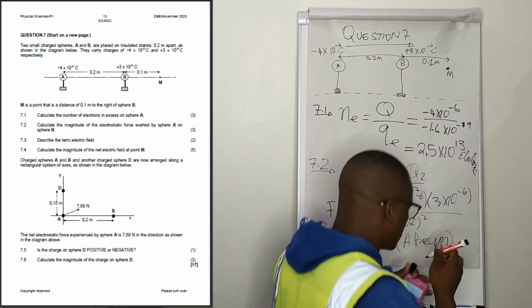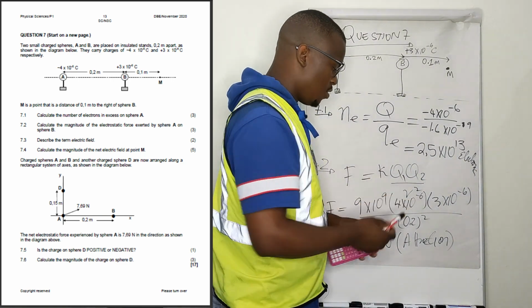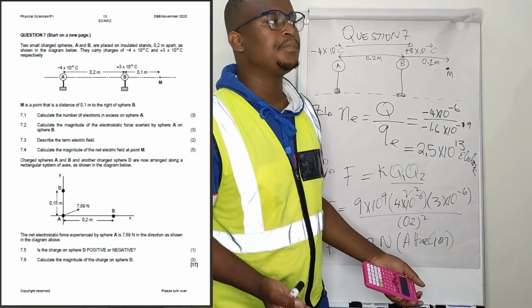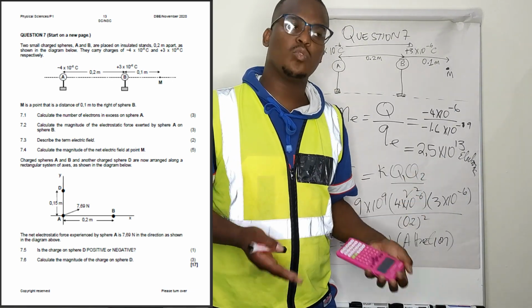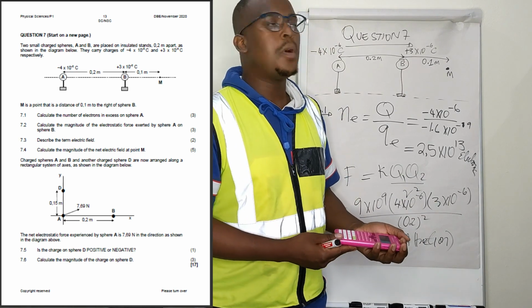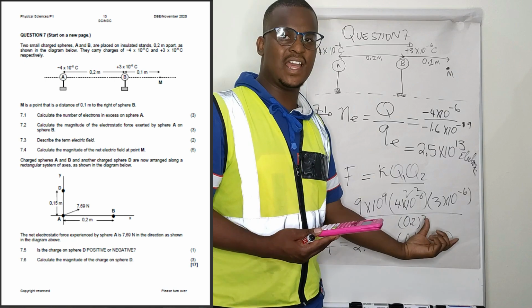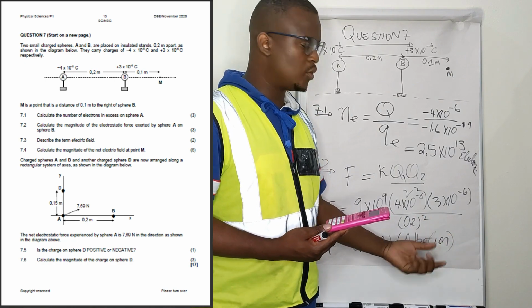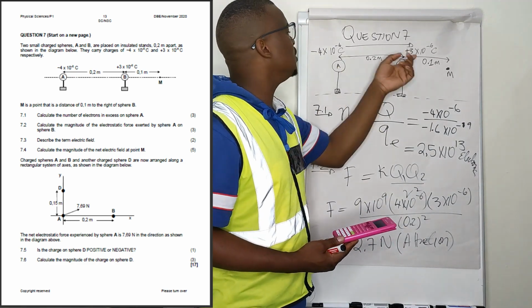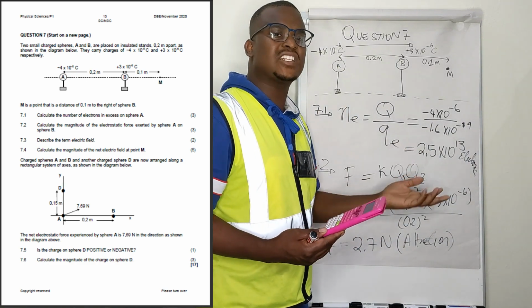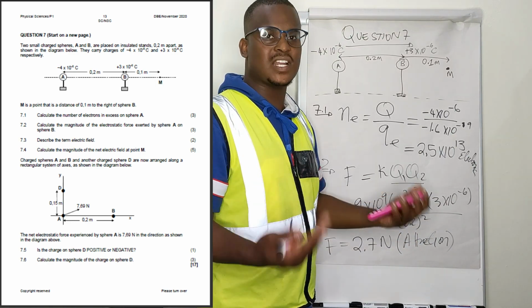Attraction. So now, as you might note, I didn't include the signs in my calculation because the signs are telling us whether the force between these two charges will be attractive or repulsive. But we know that we don't have to include them. In this case, because these two charges are of different signs, the force between them will be attractive.